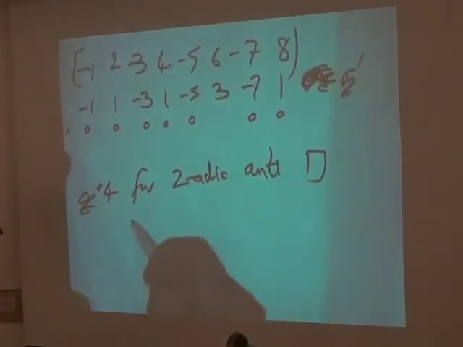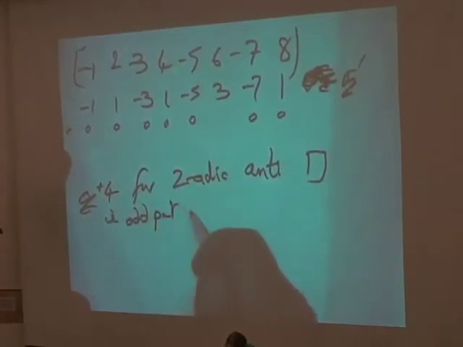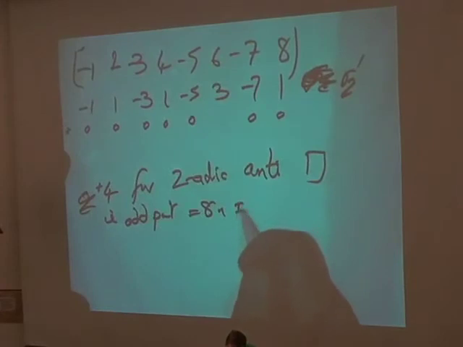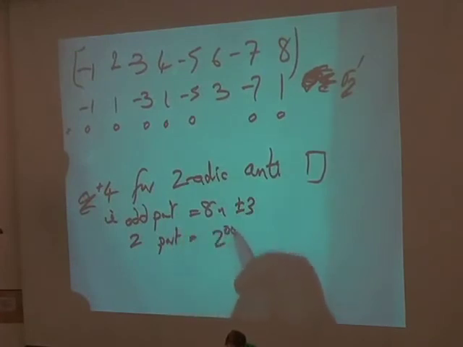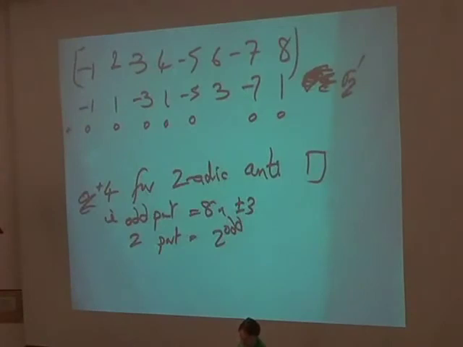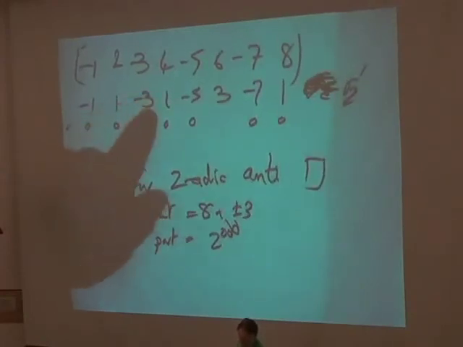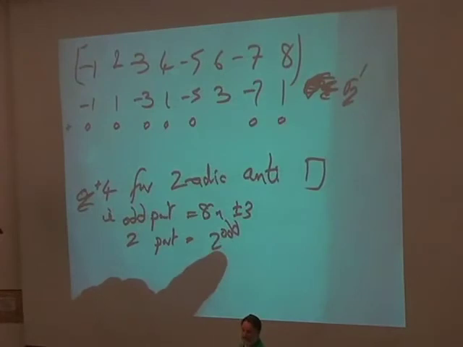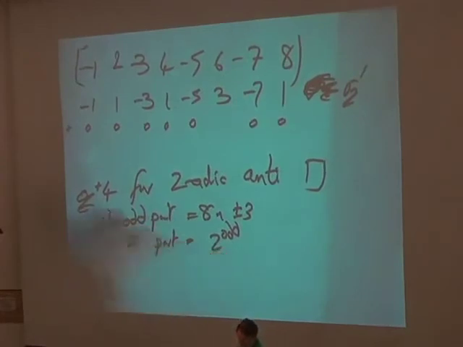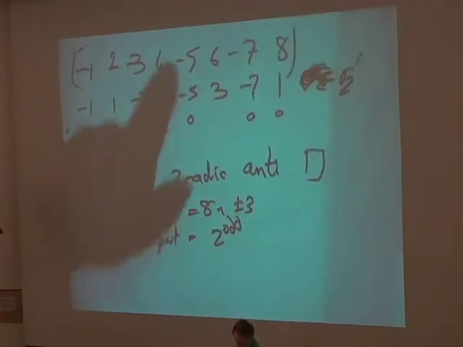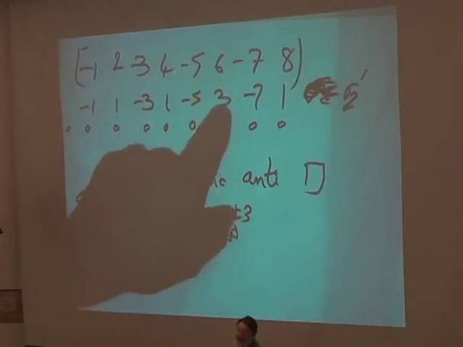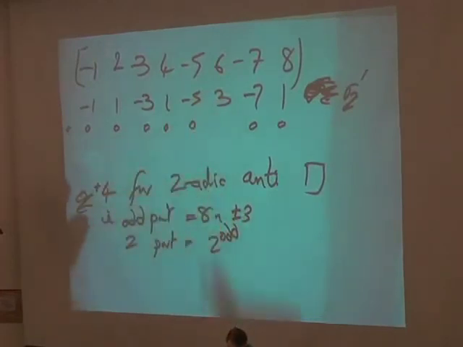And what that means is the odd part is 8n plus or minus 3, and the 2 part is 2 to the odd. Well, here, most of these numbers were odd numbers, so the 2 part was 2 to the even. Some of them had 2 in just once, but then the cofactor was 1. Cofactor here is 1. Cofactor here is 3 modulo 8.